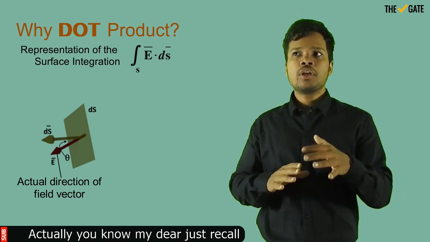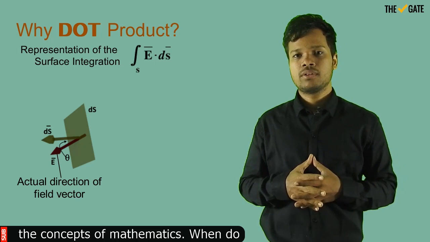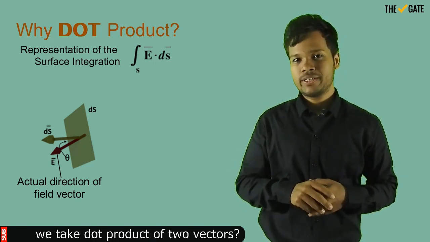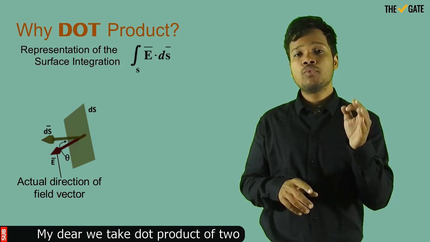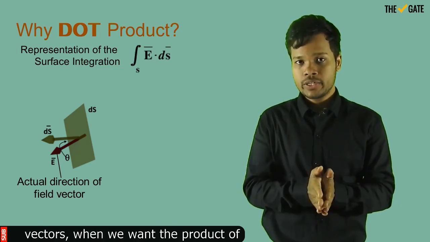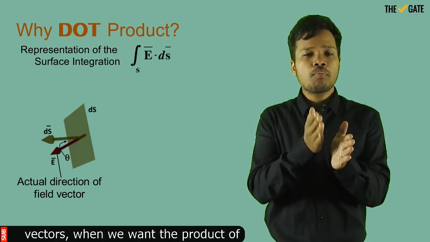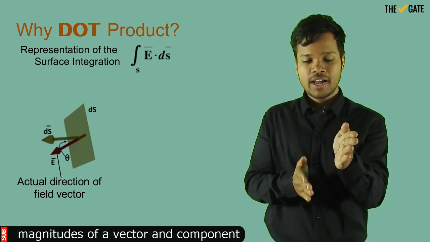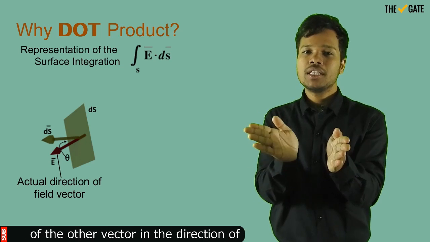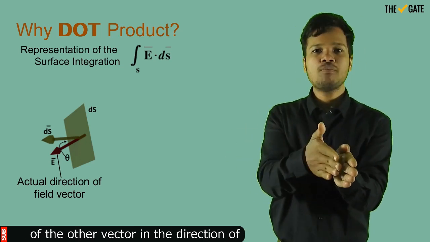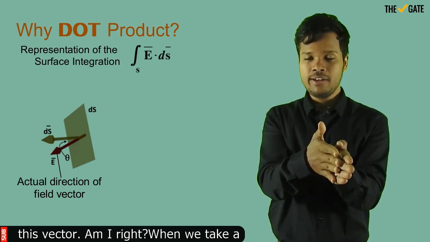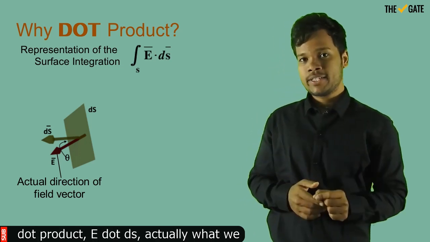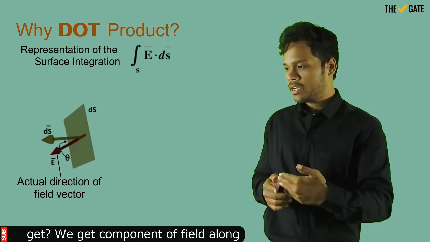Now, my dear, just recall the concepts of mathematics. When do we take the dot product of two vectors? My dear, we take dot product of two vectors when we want the product of magnitude of one vector and component of the other vector in the direction of this vector. Am I right? So when we take a dot product E dot ds, actually what do we get?